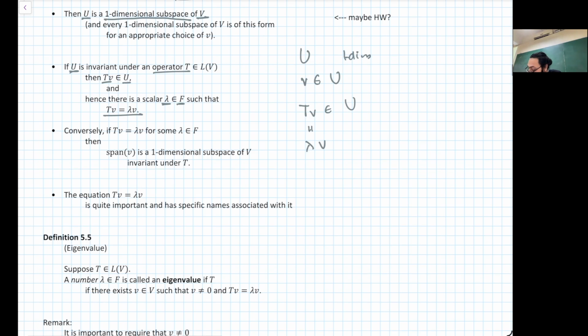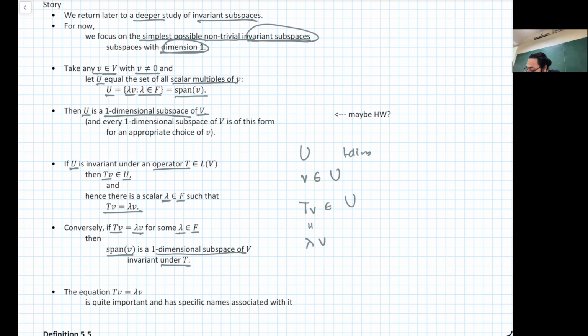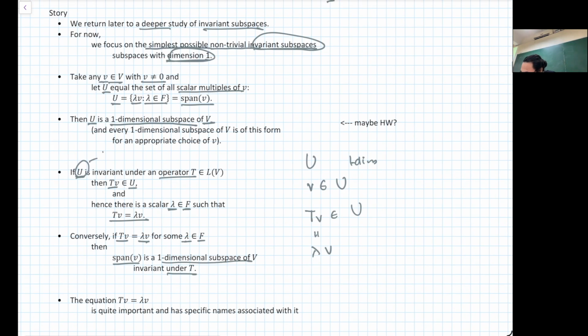So conversely, if Tv equals lambda v for some lambda in the field, then span v is a one-dimensional subspace of V invariant under T. The first statement was, suppose that U is an invariant subspace of dimension 1. So if U is a one-dimensional invariant subspace of T, then Tv is going to be in U, and what that means is that Tv is going to be lambda v.